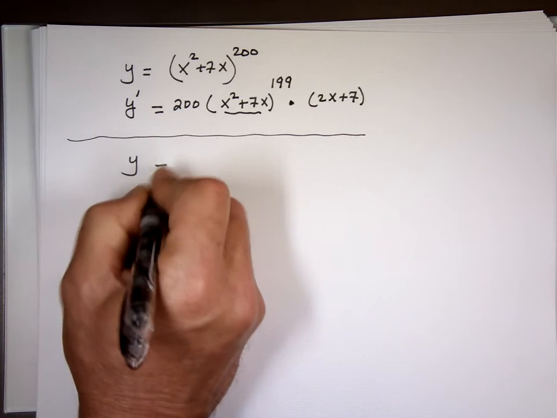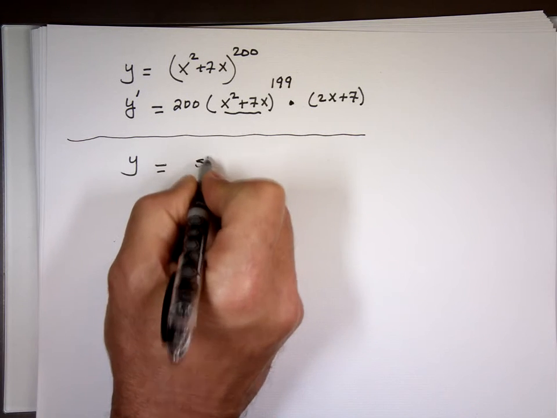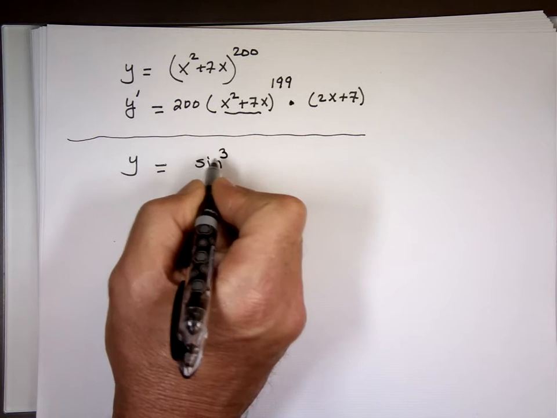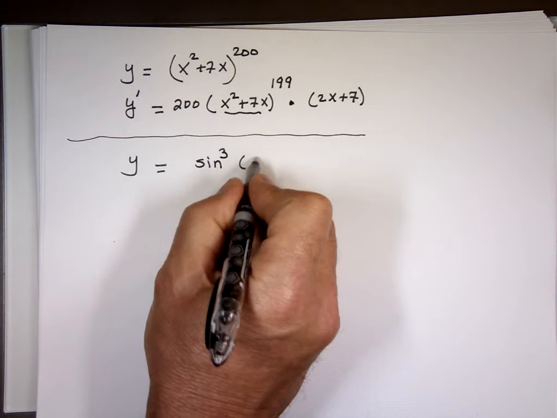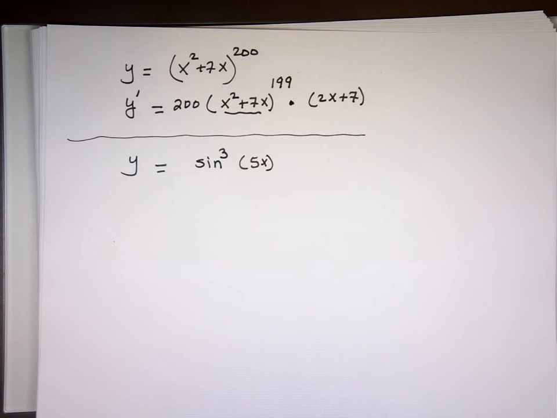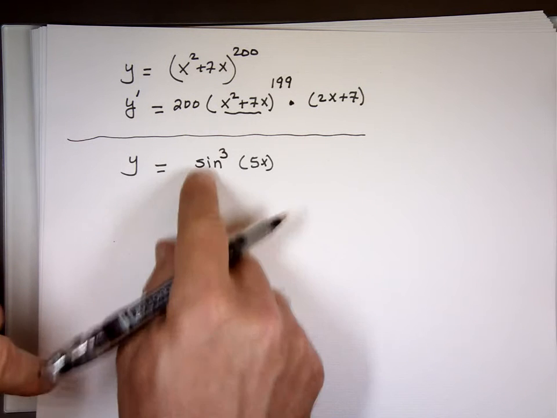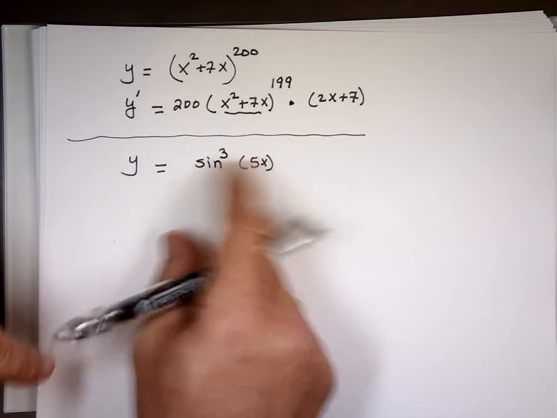Okay, can you tell me what the derivative of sine cubed 5x is? It's not sine 5x cubed, it's sine 5x, cubed.